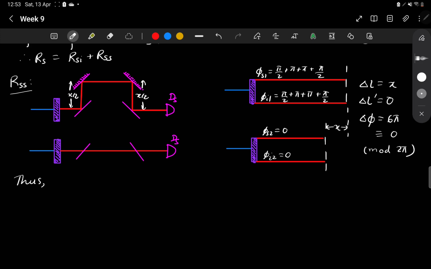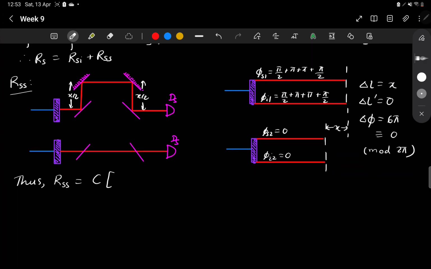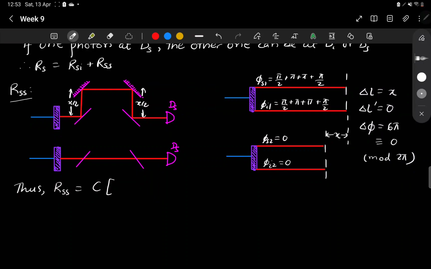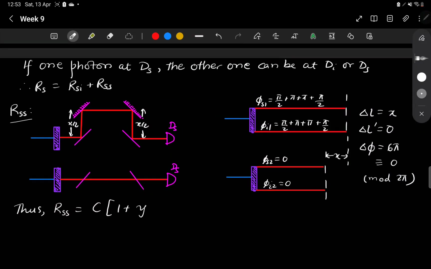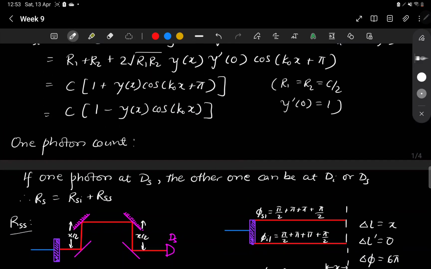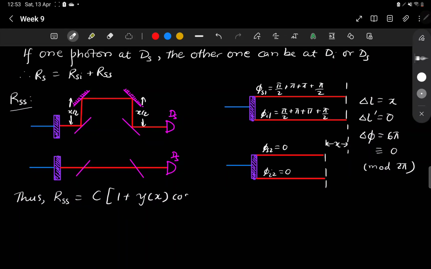Thus, in this case, we get RSS is equal to C1 plus gamma x, which is delta L prime 0, so gamma prime 0, which is 1, then cos k naught x, because delta L is x, plus phi, which is 0, so that is this.